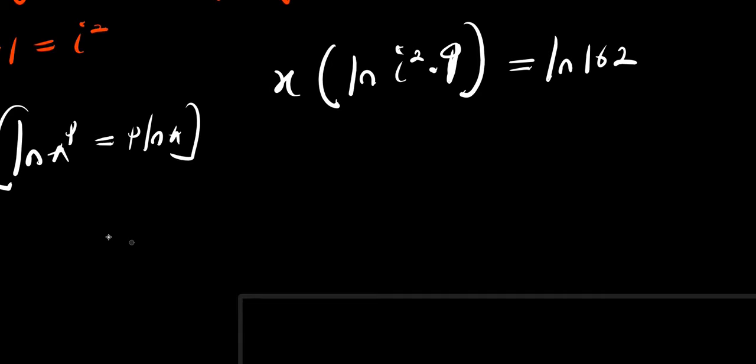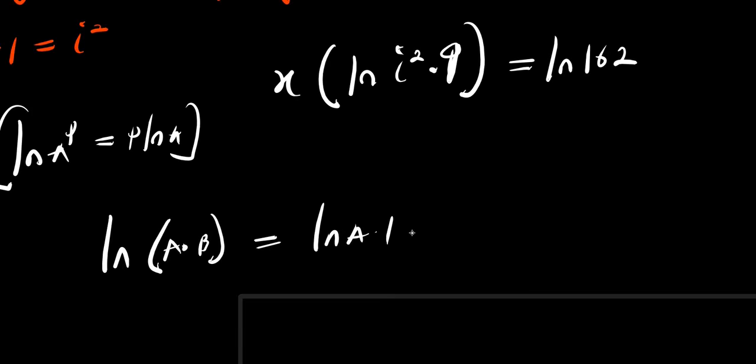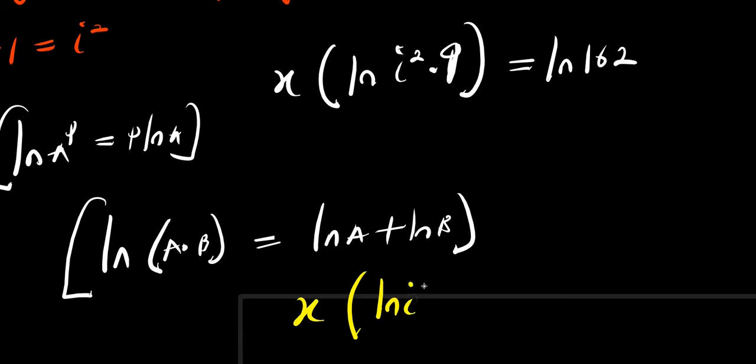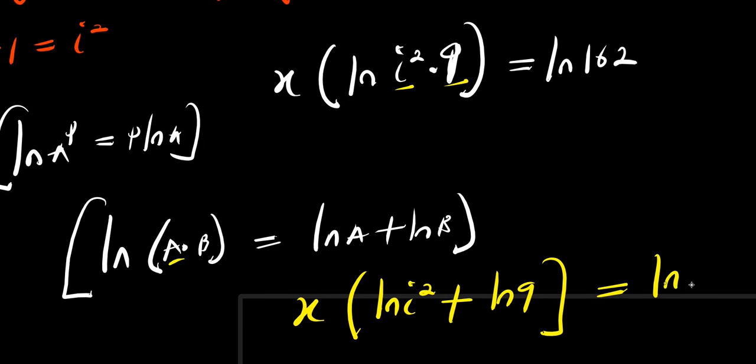So remember also, natural log of a times b equals natural log a plus natural log b. So this will simply give us x times natural log i to the power 2 plus natural log 9. Remember, this is a times b. This is my a, this is my b. And equals natural log 162.